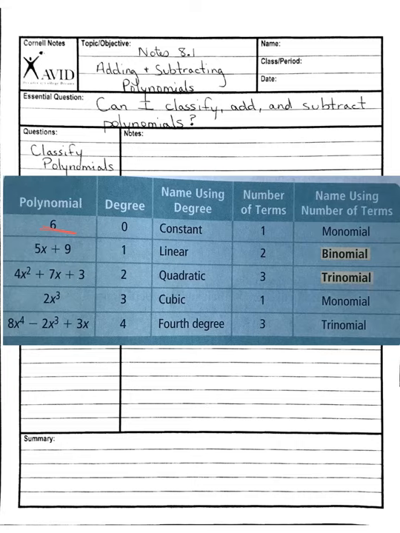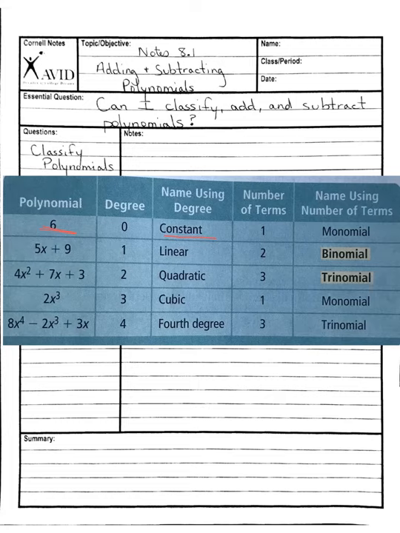It doesn't have a letter, so we call it a constant. And again, it's one term. Let's talk about the degree. Because there is no letter, our degree is 0. I think maybe it'll make sense when I talk about the next one.